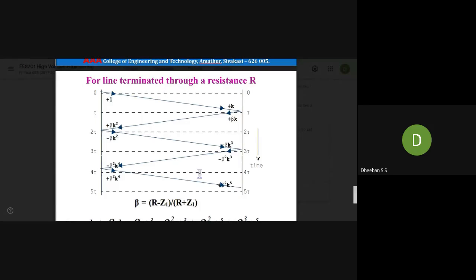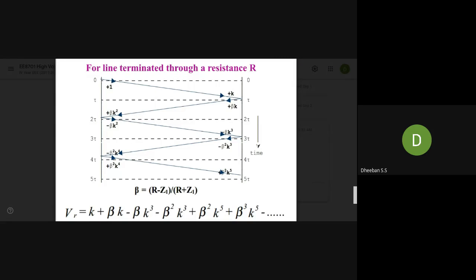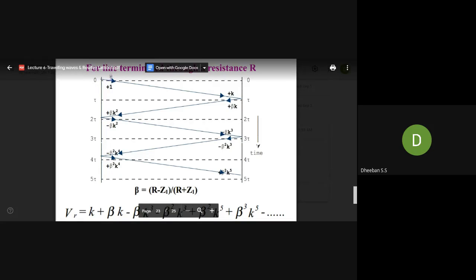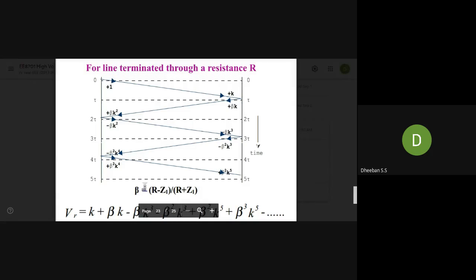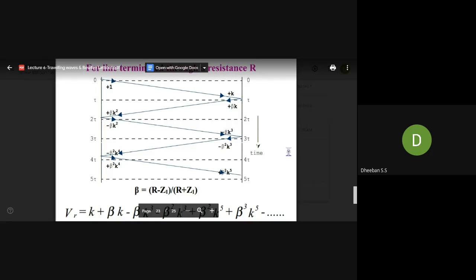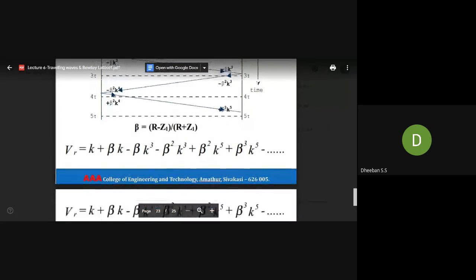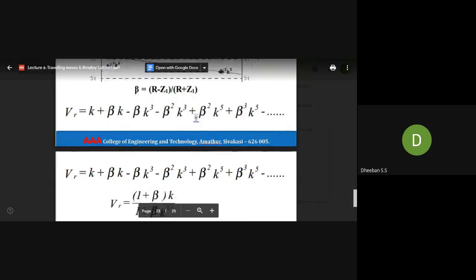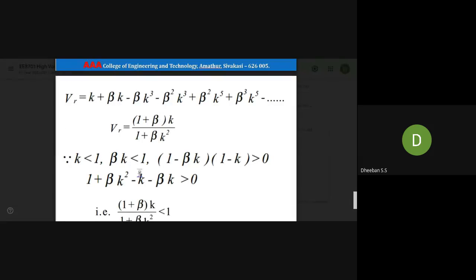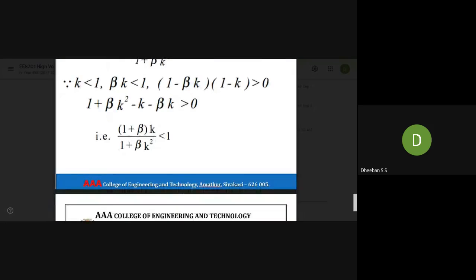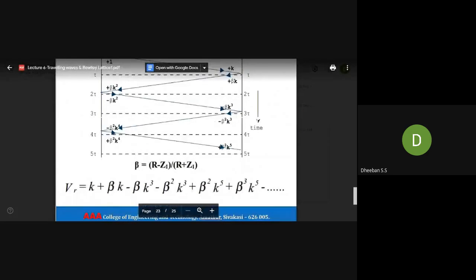Including your impedance before junction 1, Z1, you have to add another resistance, which is R. If the line is terminated with resistance R, you'll get the beta value, and you apply the same thing, but in excess you have to put the beta values around. So for this you'll get VR in this fashion.